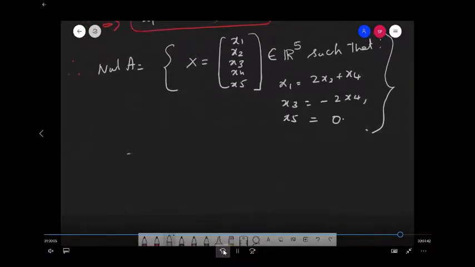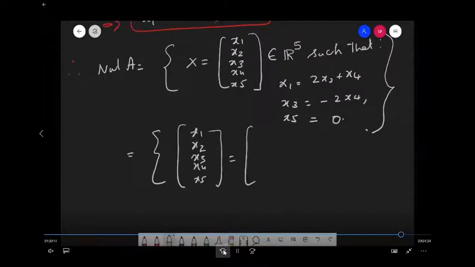So it will be equal to the set containing x1, x2, x3, x4, x5 equal to 2x2 plus x4, x2 because it is a free variable, minus 2x4, and x4 is a free variable, it remains as it is, and x5 is 0.